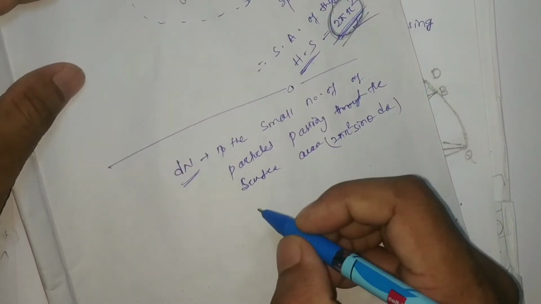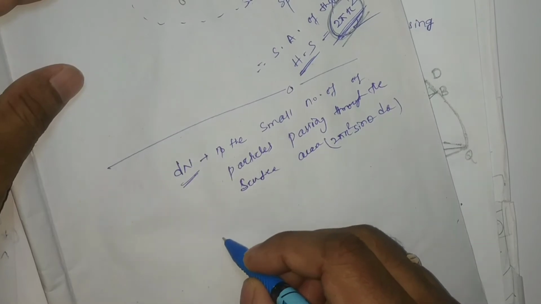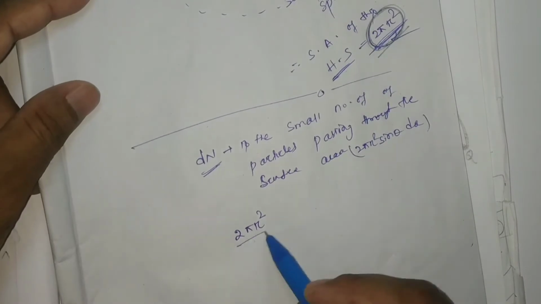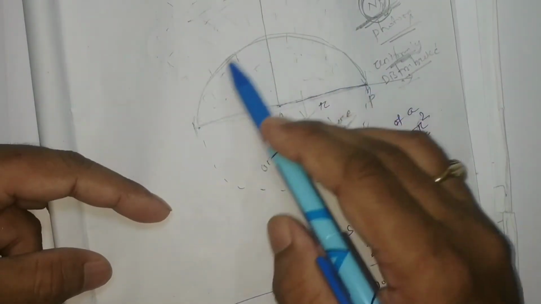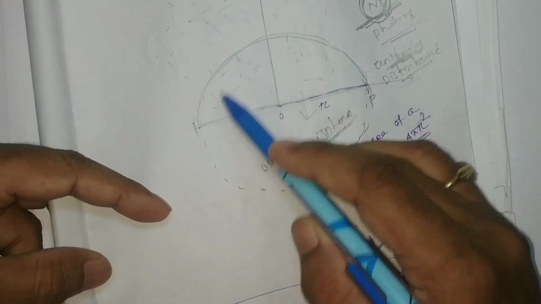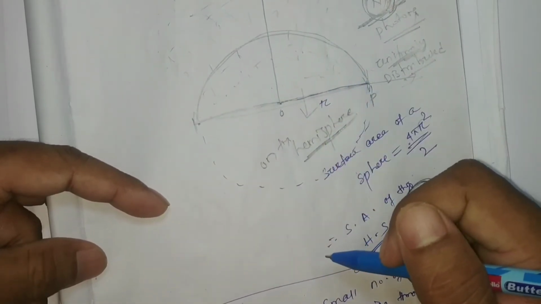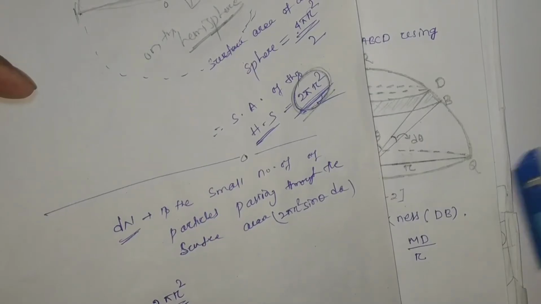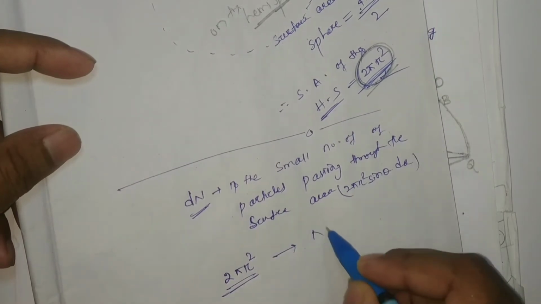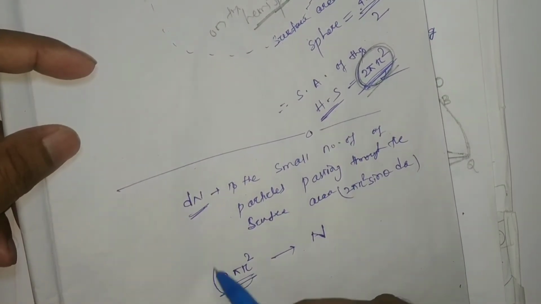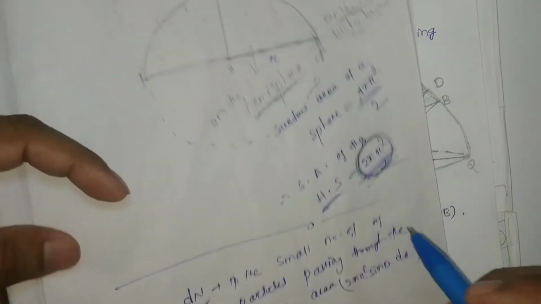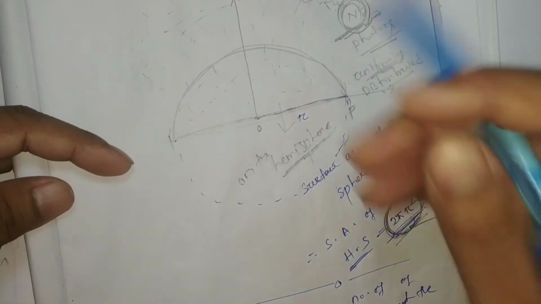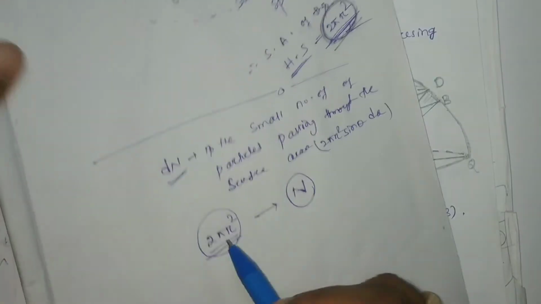See, through the 2 pi r square area, that means through the whole surface area of the hemisphere, the number of particles crossing is N. That means through 2 pi r square, capital N number of particles, beams or photons are crossing.